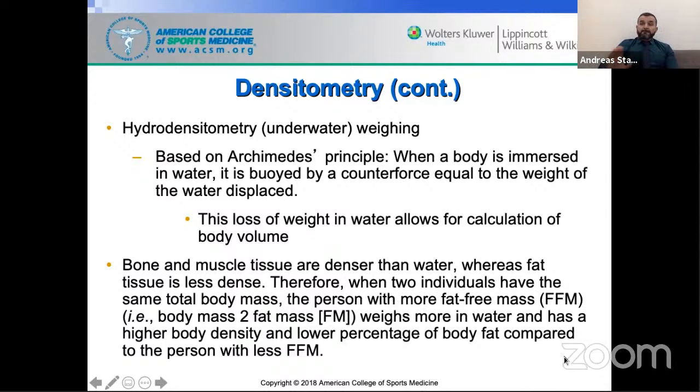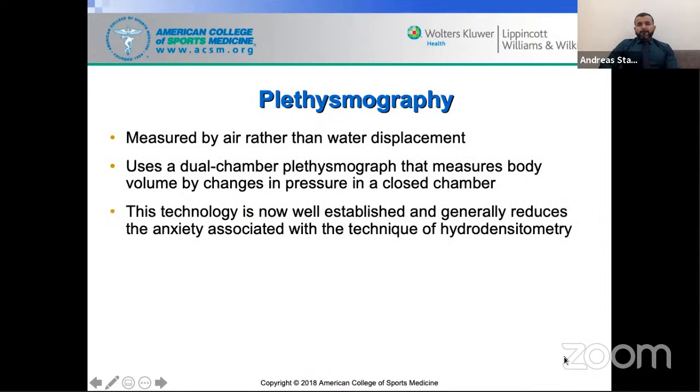So usually if you push out more water, that would mean that you have more muscle mass. Now, that was great, but it created some issues. You needed a lot of space, like a small pool, right? It's a really small pool, but also people didn't want to use a bathing suit and be in front of other people, and they didn't want to get wet, all these kinds of issues.